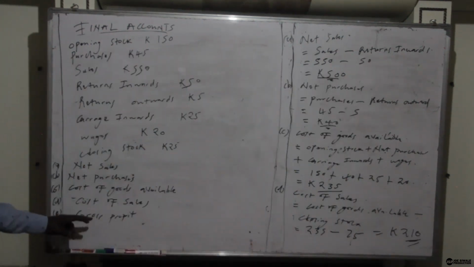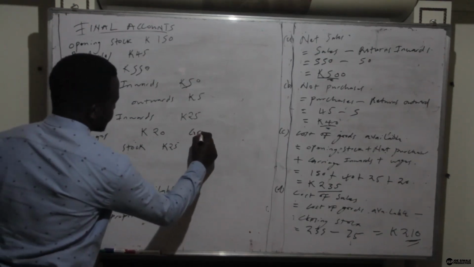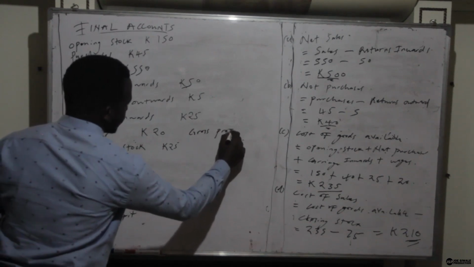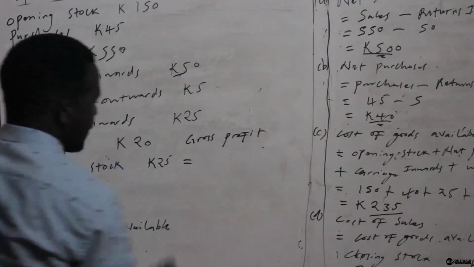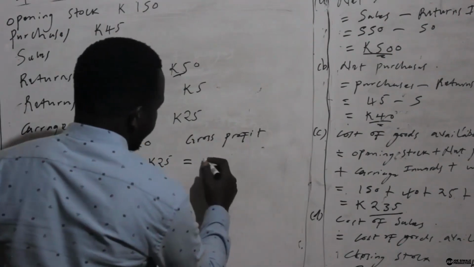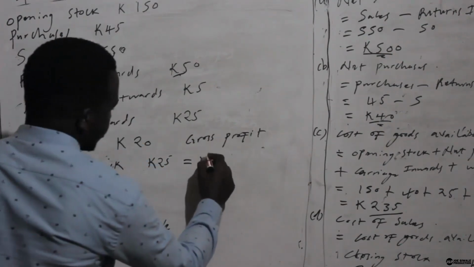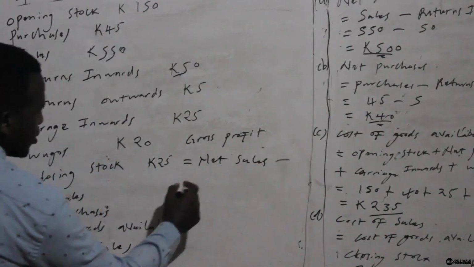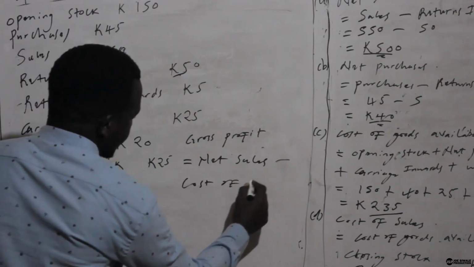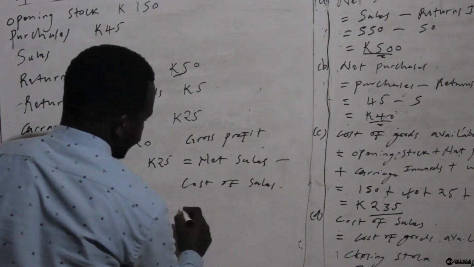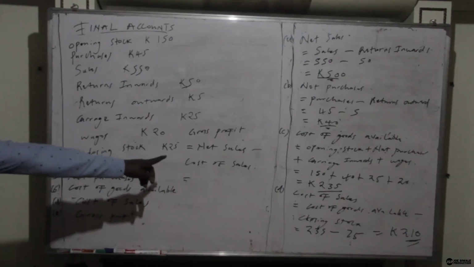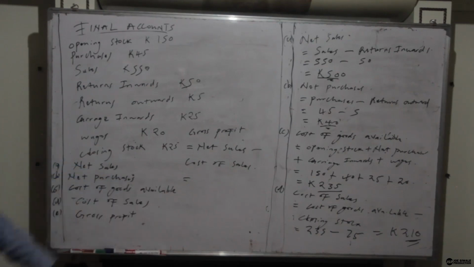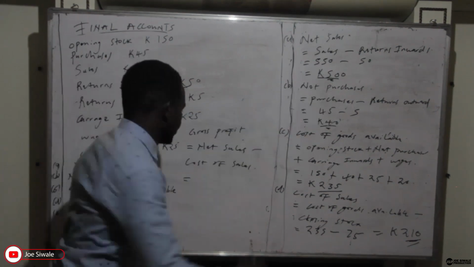Then let us find the gross profit. So we say our gross profit is calculated by saying net sales minus cost of sales. So our net sales there we had calculated as 500.